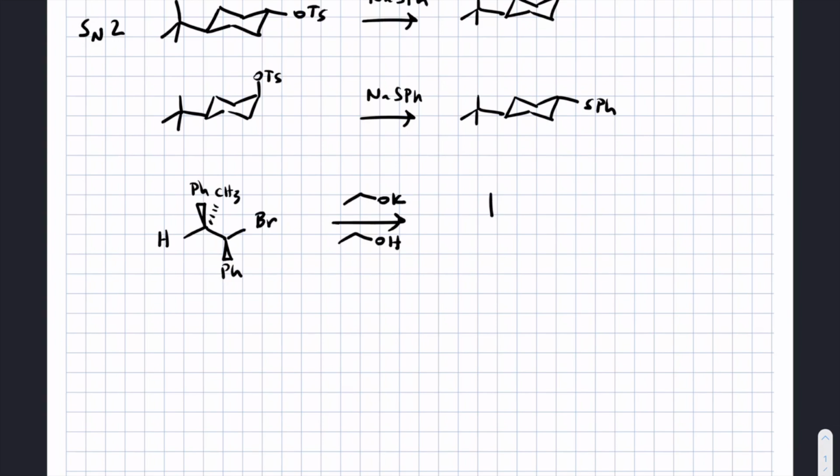And what is it? Well, it's this one, the one where the phenyl groups are cis to each other. And of course, if you used a different diastereomer, you could get the one where the phenyl groups are trans to each other. And if you don't believe me, go look at the book and see if you can figure that out on your own. I don't know that we need to belabor the point.